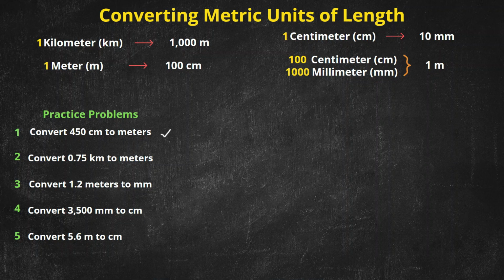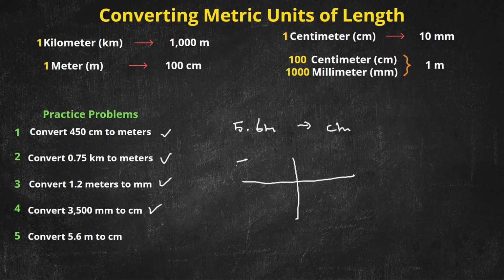Let's move on to solving problem number 5. It says to convert 5.6 meters to centimeters. Alright, you know what to do over here now. 5.6 meters and we want our final unit as centimeters. We need to cancel this unit here. So let's find meter and centimeter. Here we have meter, centimeter.